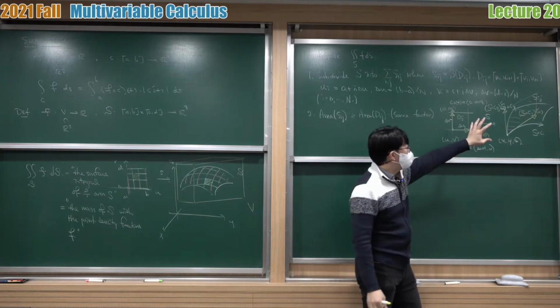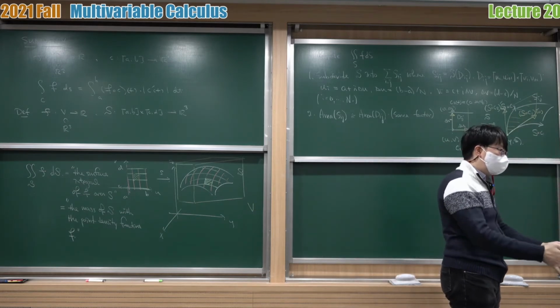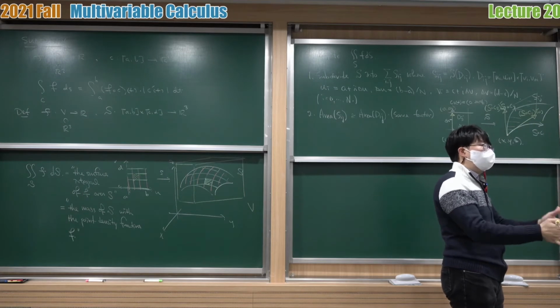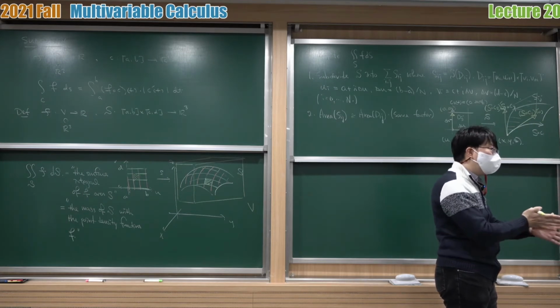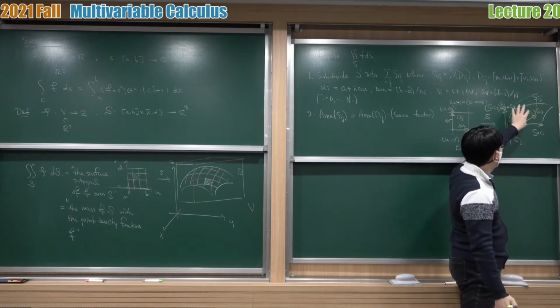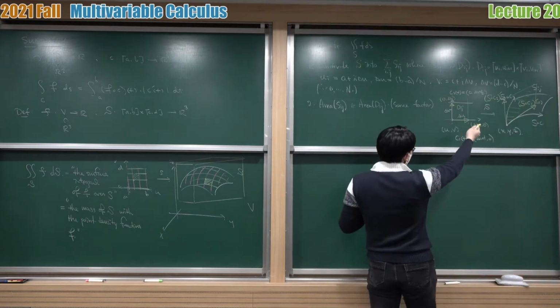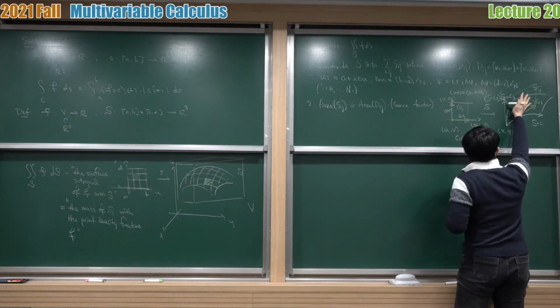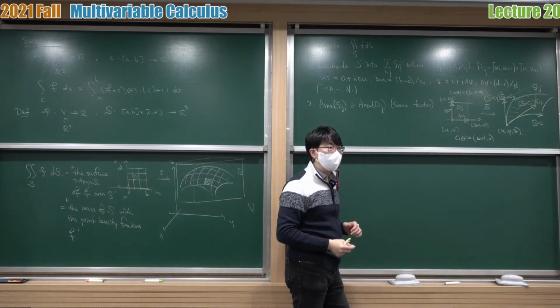I exaggerated the picture, but if you keep enlarging your surface, it almost looks like a plane, and it has almost zero error when you approximate the area of a surface by the area of the parallelogram. So let's compare the area of the parallelogram in three-dimensional space and the area of a rectangle in the UV plane.